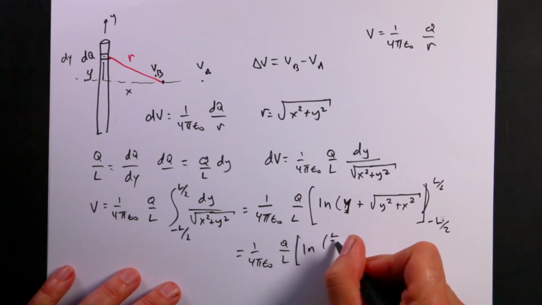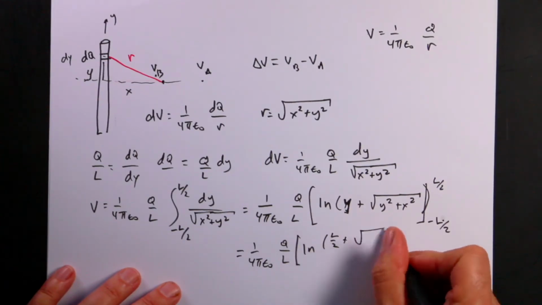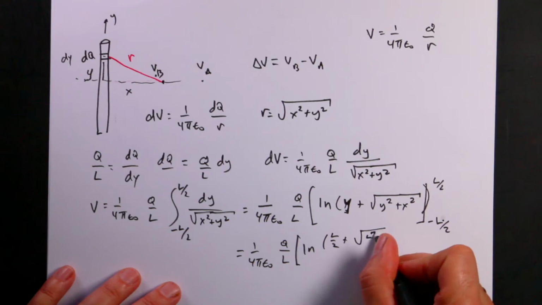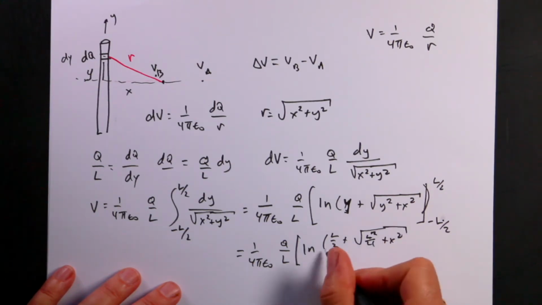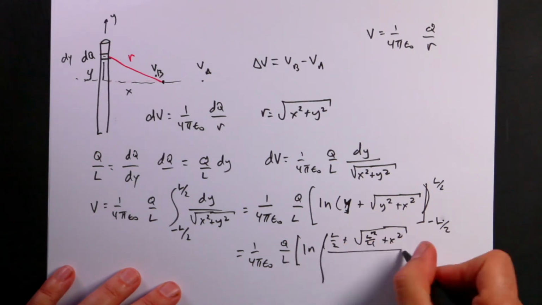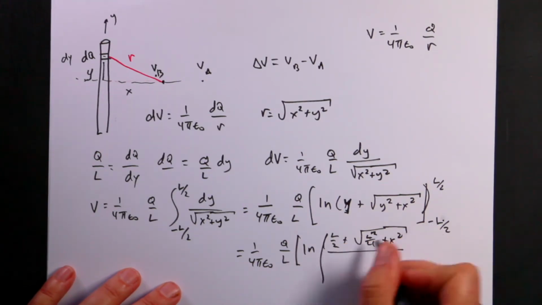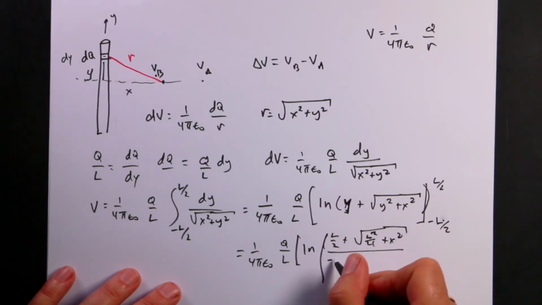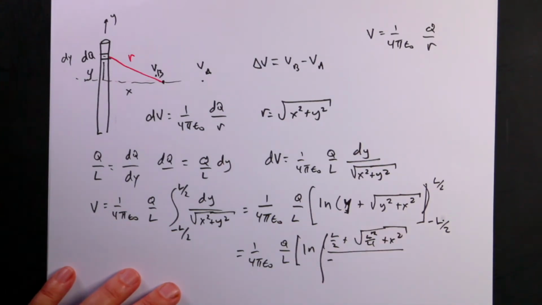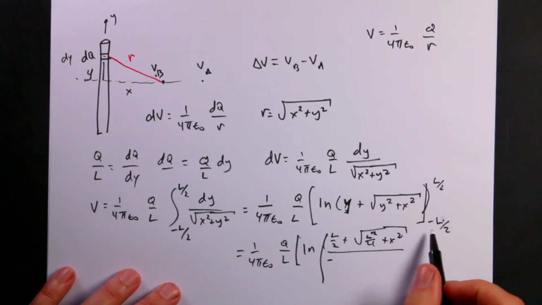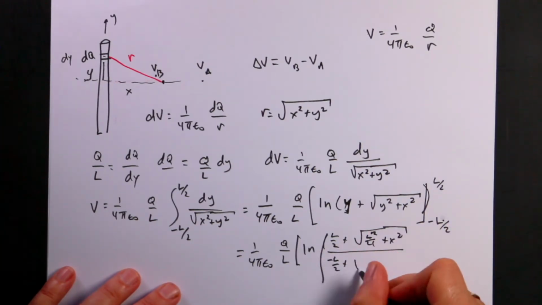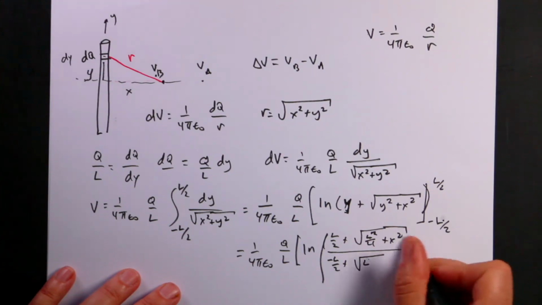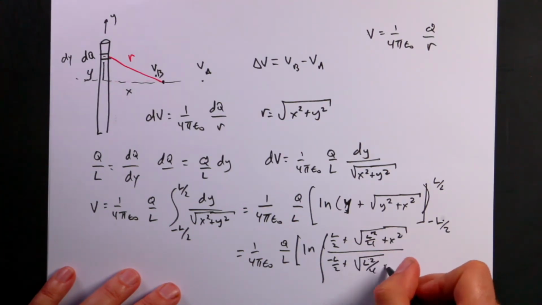So it's going to be L over 2 plus the square root of L squared over 4 plus x squared, all of that natural logged, all of that over negative L over 2 minus negative L over 2 plus the square root of L squared over 4 plus x squared.